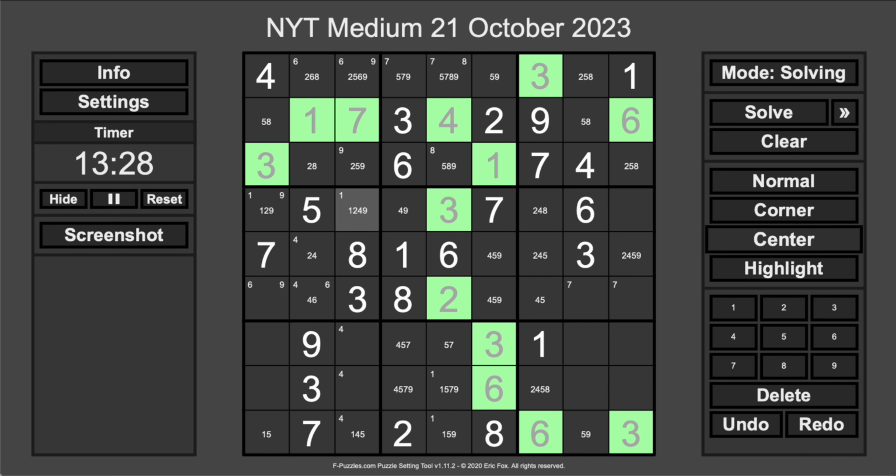And that has proven to be not very useful. Okay. 6 is one of these, based on the other two sixes in rows 8 and 9, respectively.